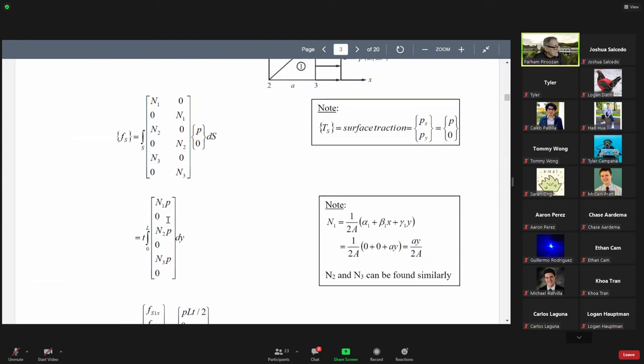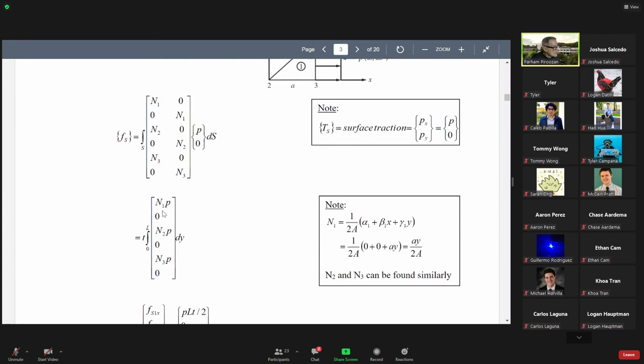Now we need to integrate N1 P, N2 P, and so on. So we need N1, N2, N3 here. This N1, for example, is given by this. Let's do one of these items by hand. Let me share this.